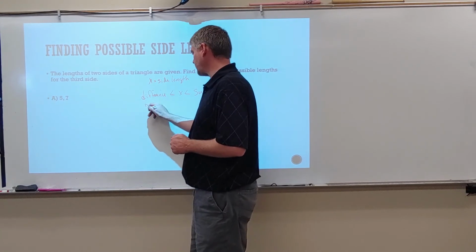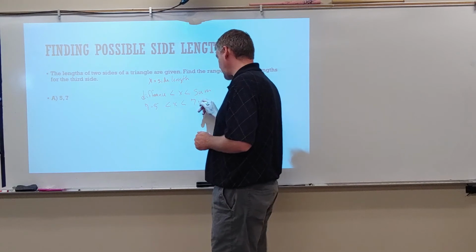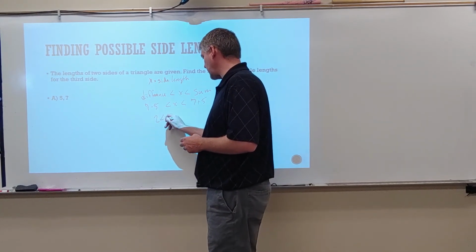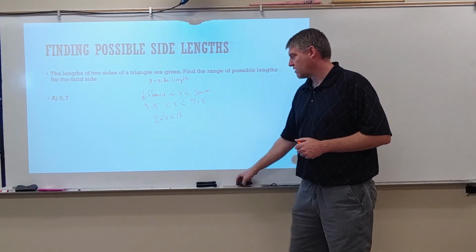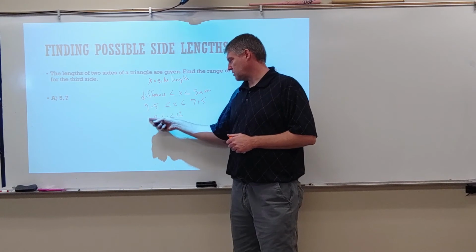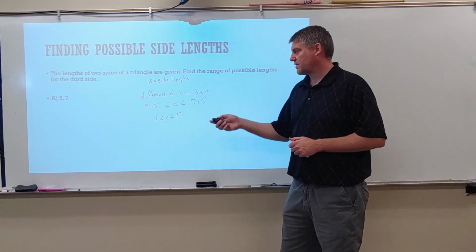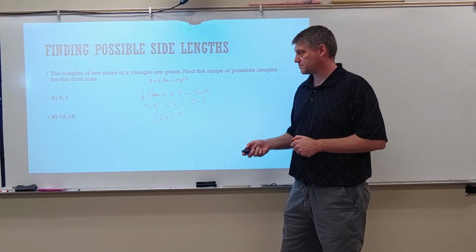So we're going to go 7 minus 5 is less than x is less than 7 plus 5, or 2 is less than x is less than 12. So we have this range of values here. The difference is 2, the sum is 12. That gives me my span of side lengths.